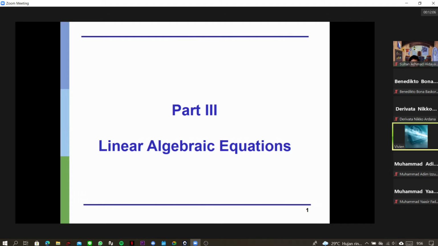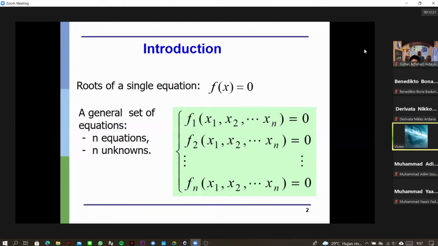Okay, so now we will continue on part 3, which is about the set of linear algebraic equations. Perhaps you have learned about this before, in which we have several equations to solve for several unknowns. Say we have n equations, the first function and the second and so on. If we talk about roots of equations, we find the value where the function equals 0.